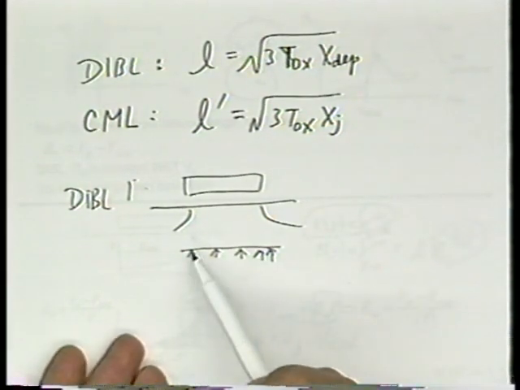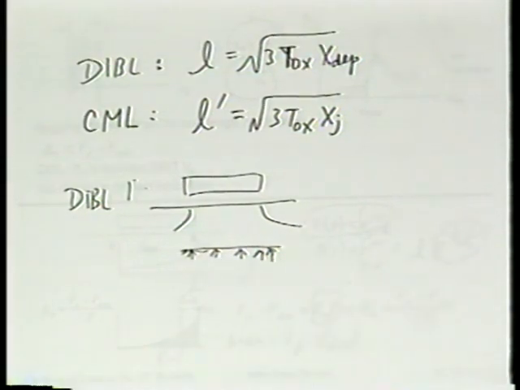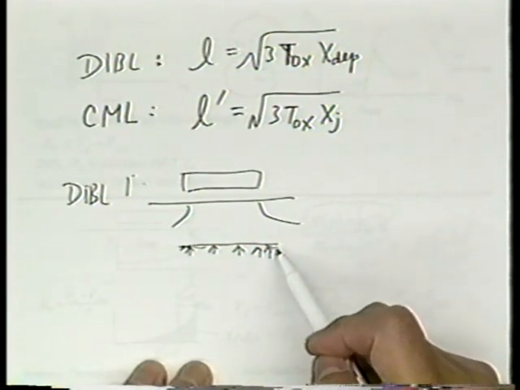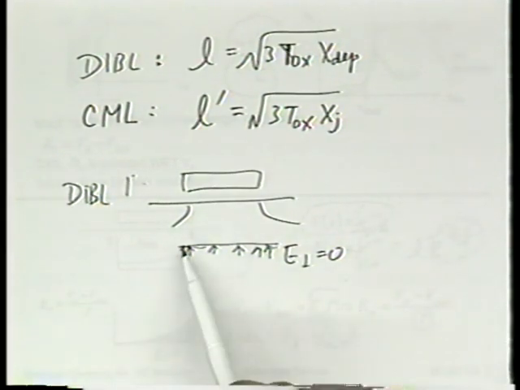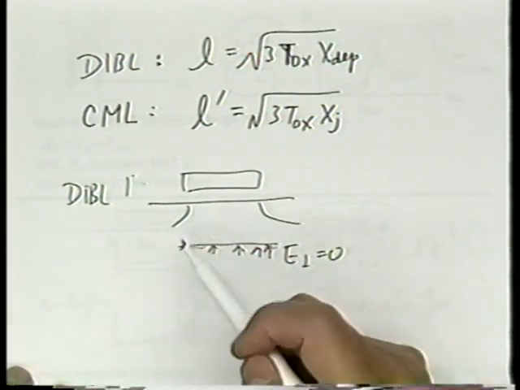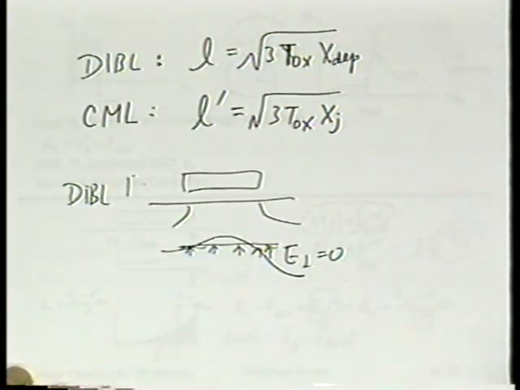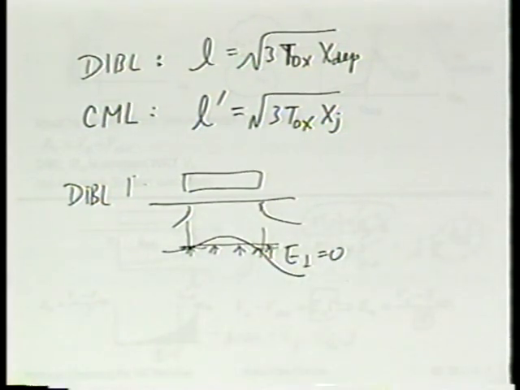Certainly, you understand if we choose the edge of the depletion region, there's no normal field, right? The normal field is 0, satisfied. And also, more or less, it is constant from source to drain. More or less. It's not a good choice. We're not happy with it, but reasonable. Because in reality, the boundary of the depletion region might look something like that. But if you look all the way from source to drain, it's not a bad choice.